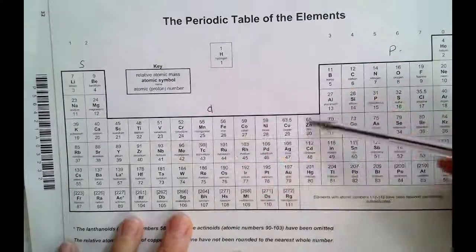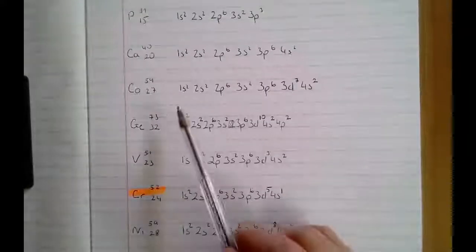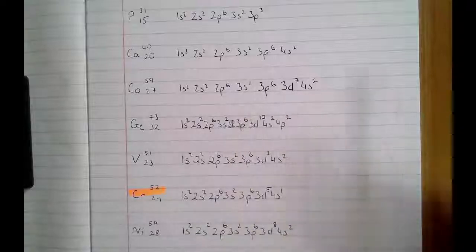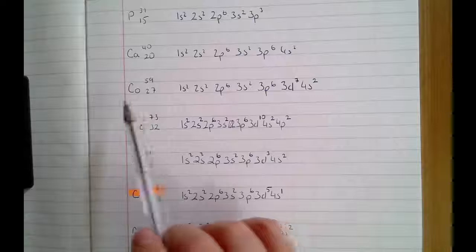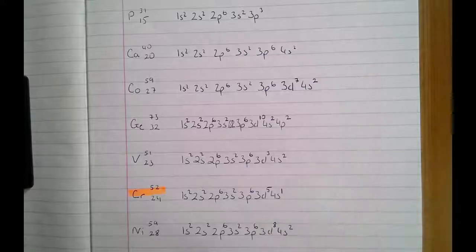All of your transition elements there are in period 4. So you can see that your transition elements do have 4 energy levels represented, 1, 2, 3, and 4. So once you've written your electron configuration, add up your electrons, make sure it matches the atomic number, and then compare it to the position on the periodic table. Make sure what you've written makes sense.